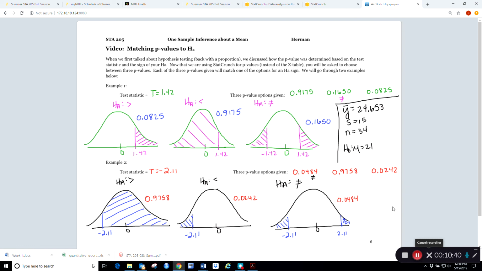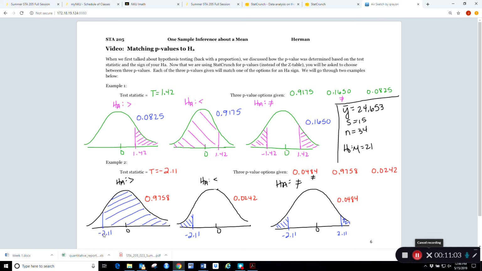So again, the one that's always double the smallest is going to be your two-tailed p-value. To figure out between your one-tails, you're going to want to either draw your pictures or understand what your test statistic being positive or negative means. Notice up in this example, when our test statistic is positive and you have a greater than sign, then it's going to be less than 50%.